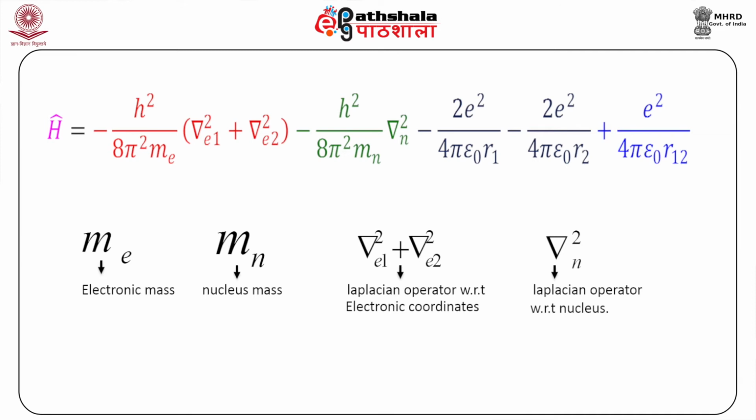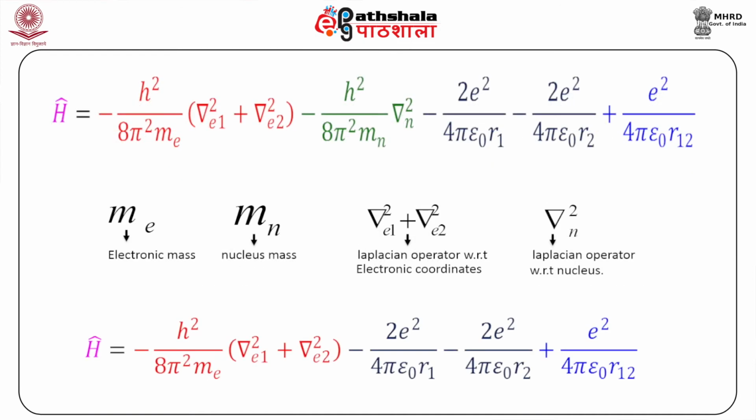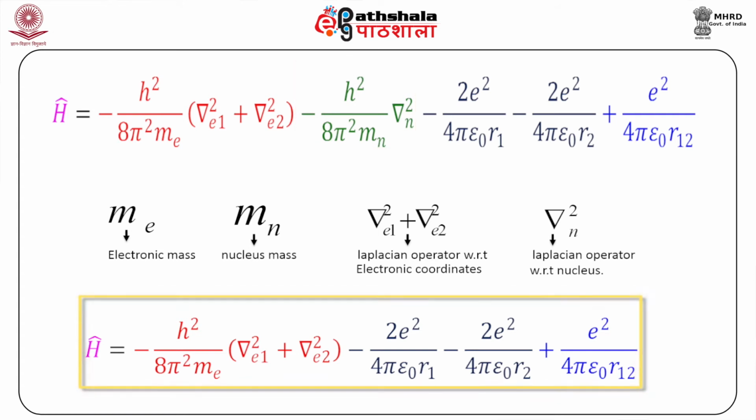Further, to simplify this three-body problem, the nucleus is considered fixed at origin, as mass of nucleus is much greater than the mass of electron, which reduces the Schrödinger equation for helium atom to equation 10, where the second term of equation 9 is neglected and the Hamiltonian becomes minus h square upon 8 pi square me into delta E1 square plus delta E2 square minus 2e square upon 4 pi epsilon naught r1 minus 2e square upon 4 pi epsilon naught r2 plus e square upon 4 pi epsilon naught r12.